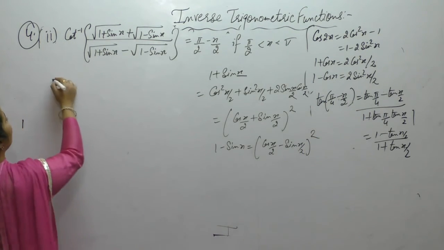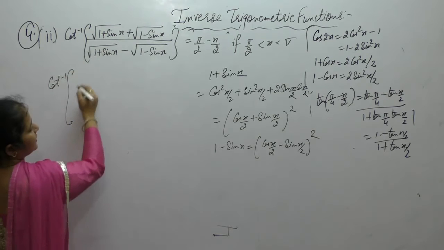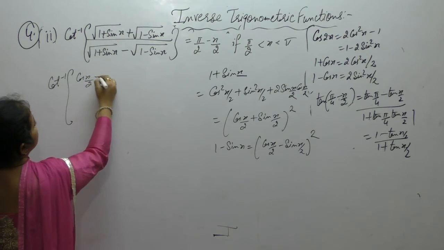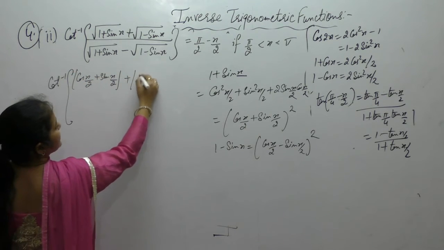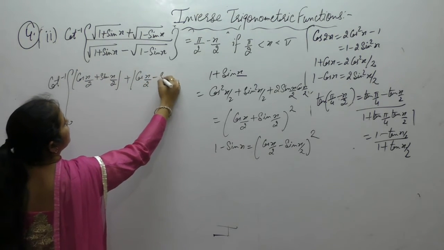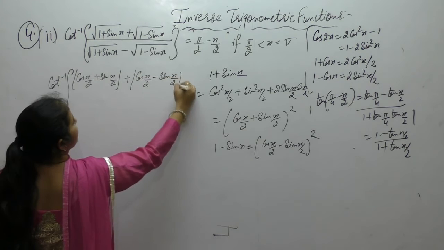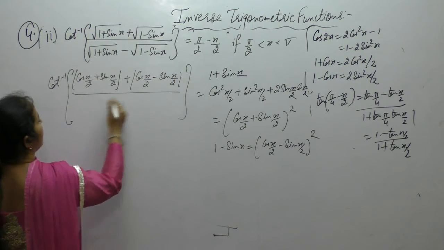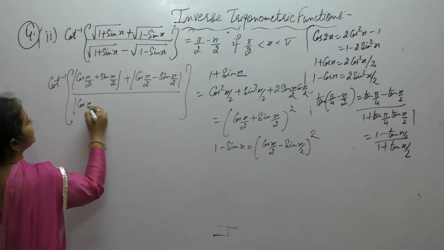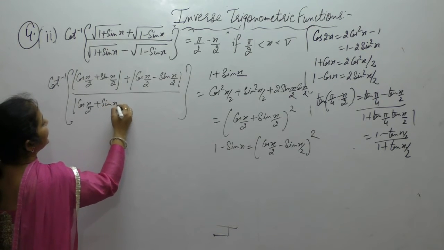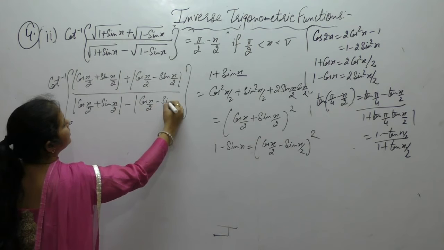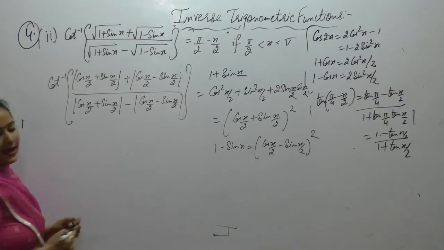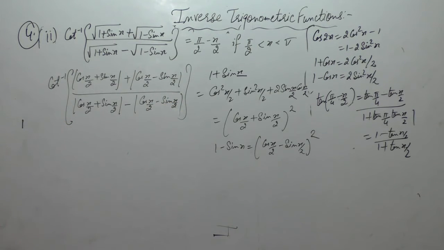Use this formula, we get cot inverse of modulus cos x by 2 plus sin x by 2 plus modulus cos x by 2 minus sin x by 2, upon modulus cos x by 2 plus sin x by 2 minus modulus cos x by 2 minus sin x by 2.